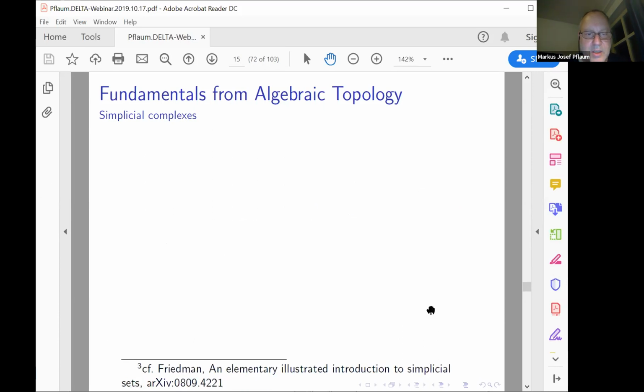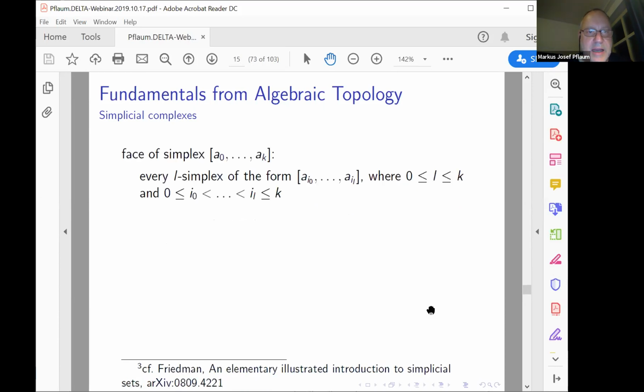Now, what is a so-called simplicial complex? In a simplicial complex, you build geometric figures out of simplices by gluing them together at their faces. So what is a face of a simplex? You have a k simplex given by a_0 to a_k.